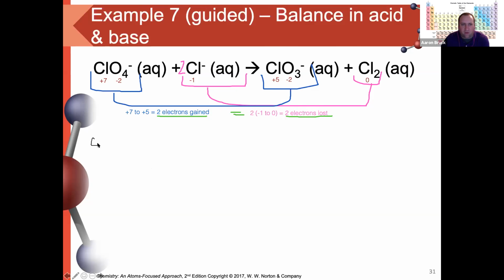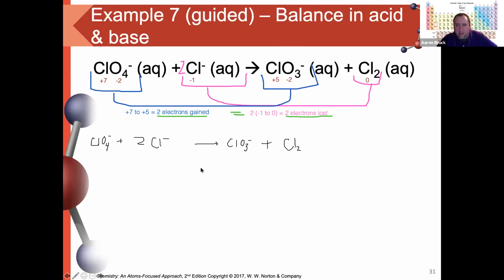I have the perchlorate ion reacting with 2 chloride ions to make chlorate and chlorine. So there's my reaction thus far.